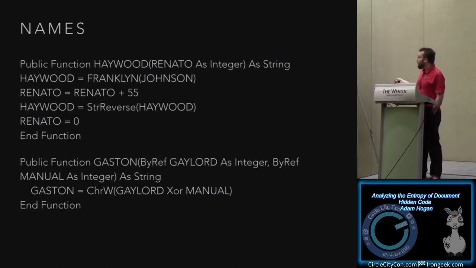It might not be the most common names. I don't know if there are a lot of Haywoods out there. But you can see there's Haywood and Gaston, Ronaldo. Instead of randomly generating a random string of characters, they are randomly picking from a list of names, because these are not going to show up as weird.